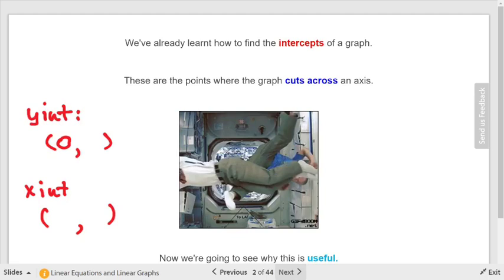But I will have some y value, some y number that I don't know. Okay? Now, so if to stay on the y-axis, x has to be 0, what do you think has to happen to stay on the x-axis? Can you go?